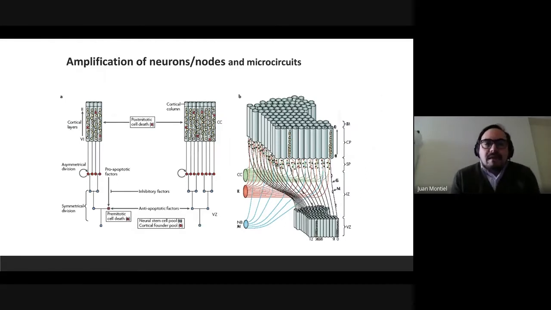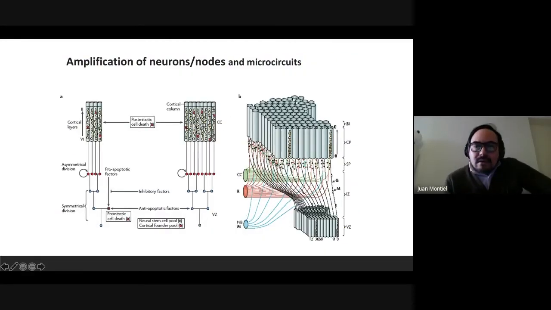So if we amplify progenitors and we amplify neurons, or nodes for networks, we will amplify also the microcircuits. And these microcircuits, we can assume that will have a better representation, or perception, sorry, of some kind of information in the case of the column organization.